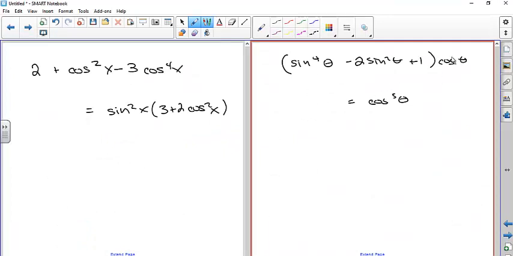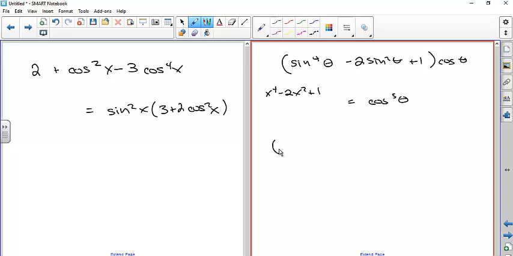Now we've already got one cosine theta, so we need to convert this into cosine to the fourth. And the best way to do that is to factor it. So we factor the sine. It's like if we were factoring x to the fourth minus 2x squared plus 1, except we're doing it with sine and cosine.